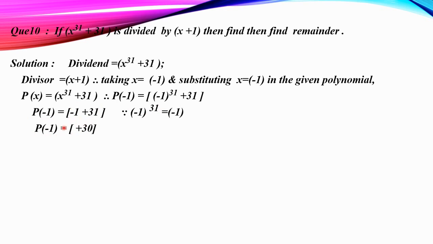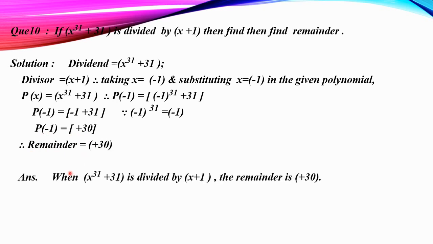Solving, we get P(minus 1) is equal to plus 30. Here the value of P(minus 1) is plus 30, therefore the remainder is also plus 30. Then when x raised to power 31 plus 31 is divided by x plus 1, we are getting the remainder as plus 30.